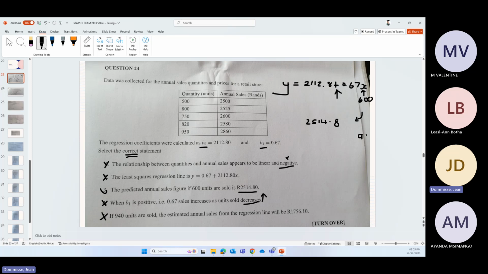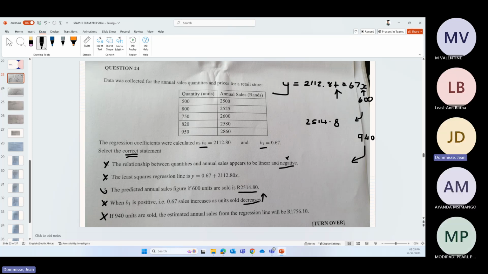If it's 940, then our answer will be 940 times 0.67, which gives you 629.8, and that plus 2112.8 gives us 2742.6. Okay, so that is what that one should be.